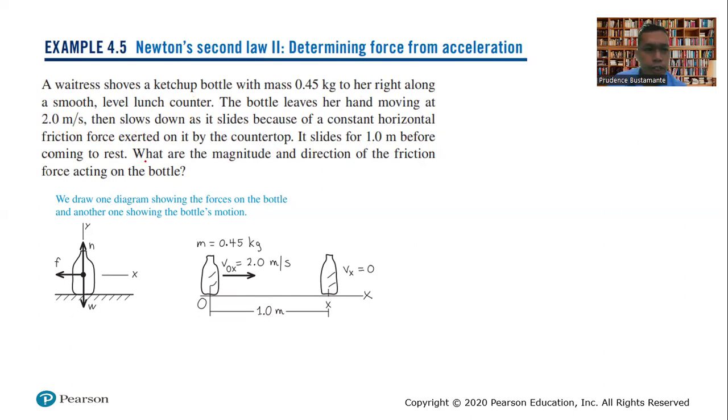This looks like we're going to use the kinematics equations, from chapter 2. What are the magnitude and direction of the friction force acting on the bottle?